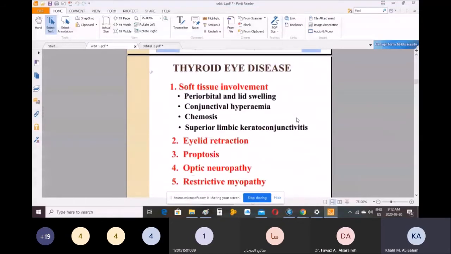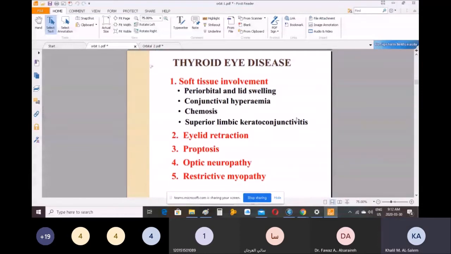Now, Graves' disease can be divided into two important phases. We have the soft tissue phase, the inflammatory phase, and then we have the fibrotic phase. The inflammatory phase starts with periorbital lid swelling, conjunctival hyperemia, chemosis, and superior limbic keratoconjunctivitis.